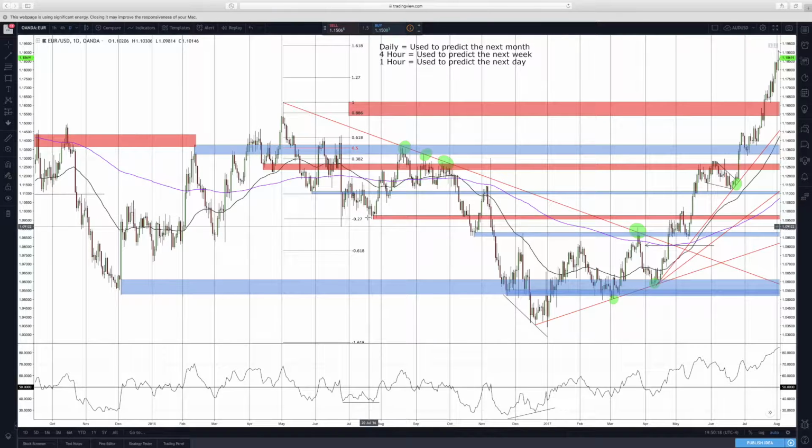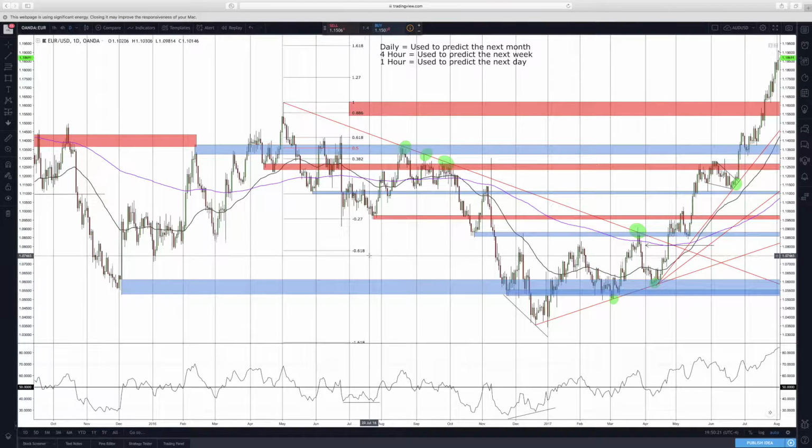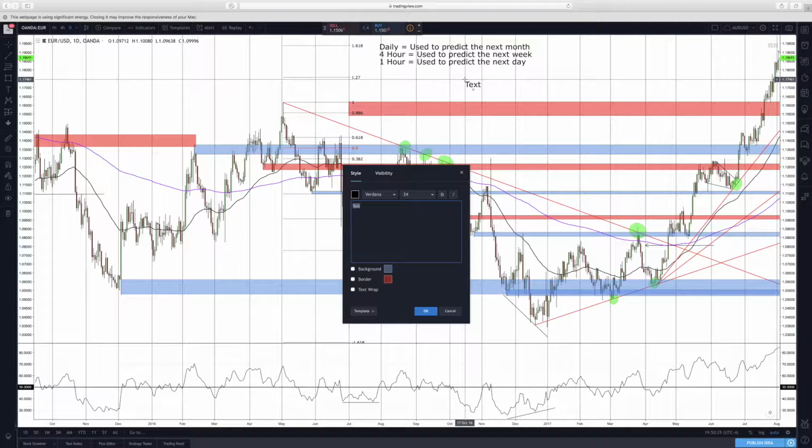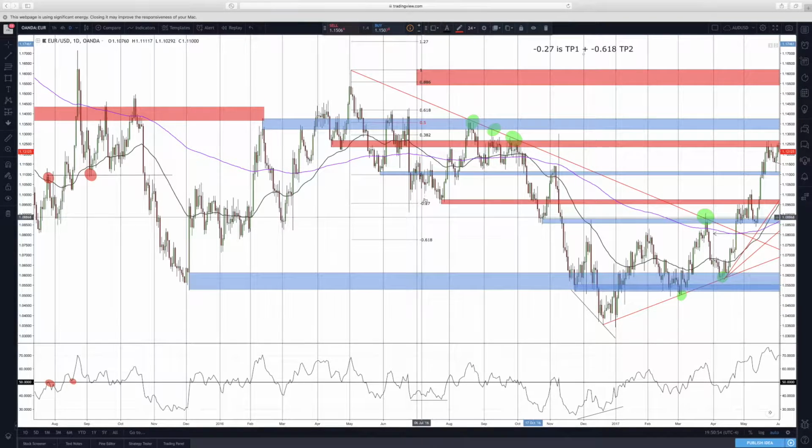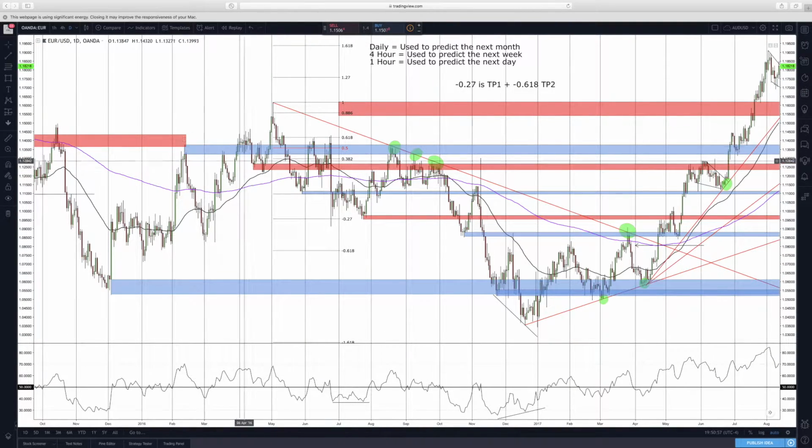Now, the negative 0.27 and the negative 0.618 will be our take profit levels, as well as the 1.27 and the 1.618. So let me write that down. If you guys have a notepad, take some notes. Let me write that differently: negative 0.27 is take profit 1, and negative 0.618 is take profit 2, which are these two right here.